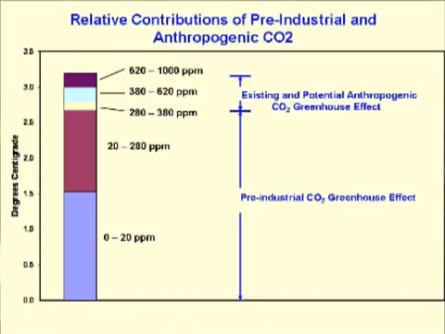This graph takes the data from the previous slide, illustrating the logarithmic effect, and condenses it down to one bar of data. Anthropogenic carbon dioxide is calculated to have contributed 0.1 of a degree to date. The entire anthropogenic effect up to 1000 ppm is good for about 0.4 of a degree in total.